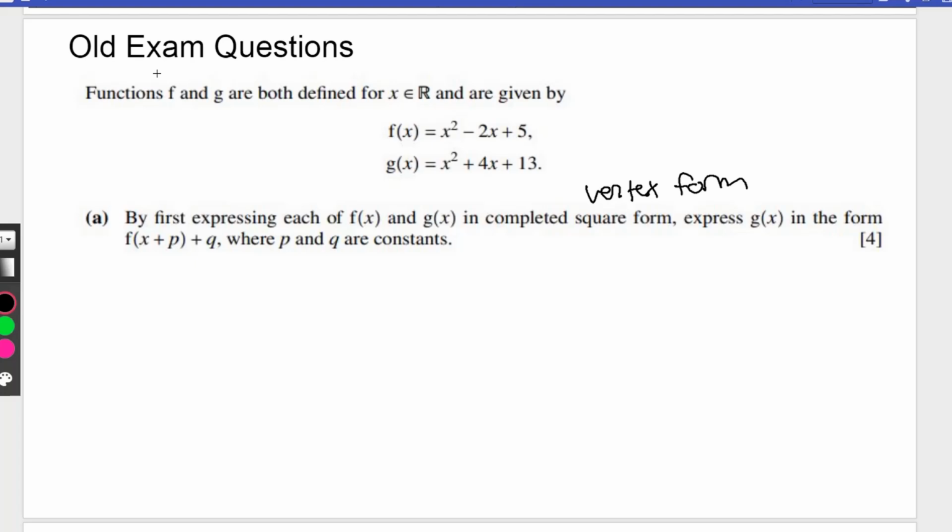Then express g of x in this form, with the notation f of x plus a number, plus q. Basically they want to know what happened to f of x: left and right, up and down. So first, put them both in vertex form. Pause this, and start back up when you're ready, and we'll check them out.